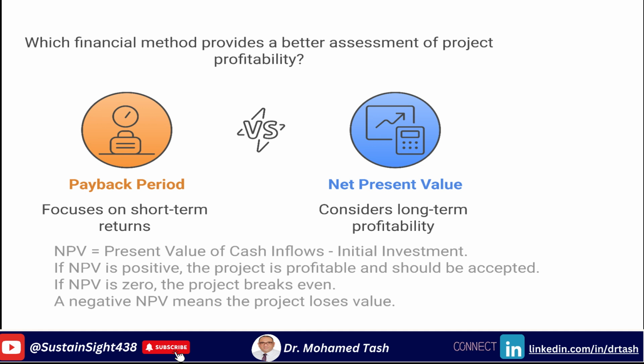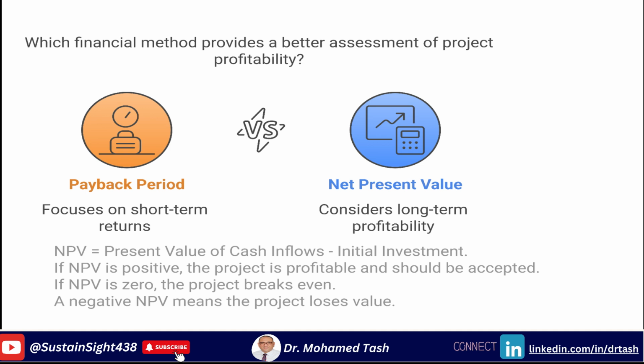Unlike the payback method, net present value, or NPV, accounts for the time value of money. It calculates the difference between the present value of future cash flows and the initial investment using a discount rate. The formula for NPV is: NPV equals present value of cash flows minus initial investment.